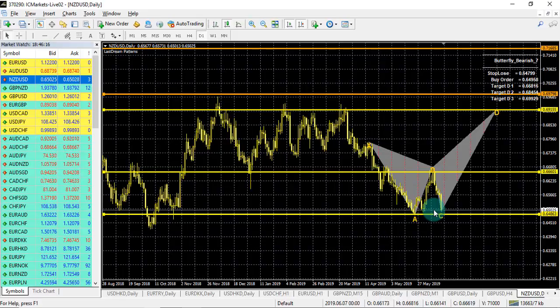So you see the risk reward ratio for the Gartley or the butterfly, whatever pattern you use, is very, very high. So harmonic pattern is a good way of calculating your entry and exit point to the last pips. So it's either the formation is there or it's not there.